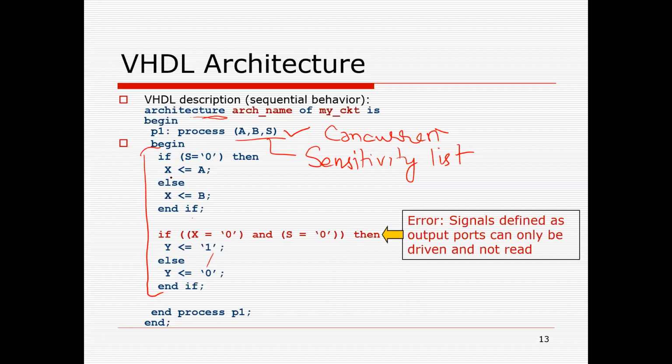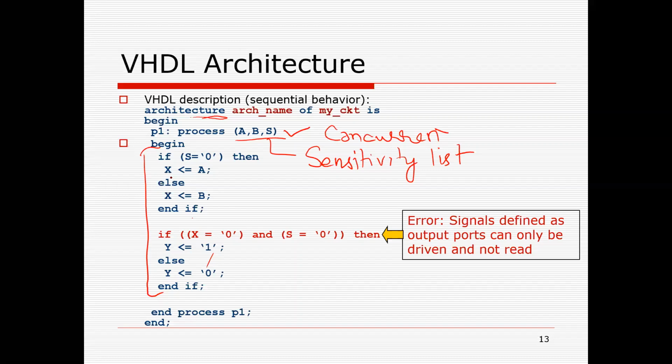So see here, the problem is, this is what I will try to write as code when I have defined my behavior. You remember the second output Y, we said whenever X is equal to 0 and S is equal to 0, I want to do this.